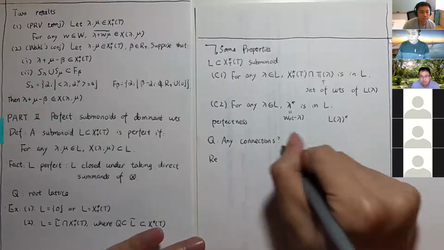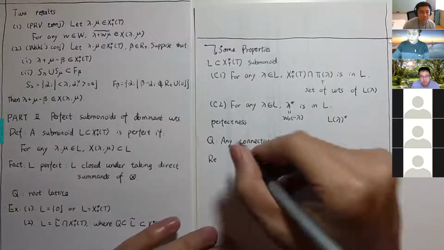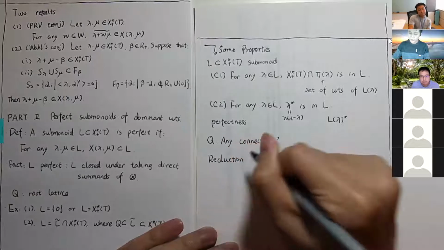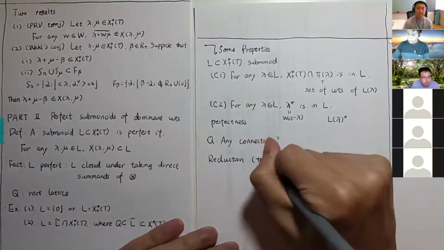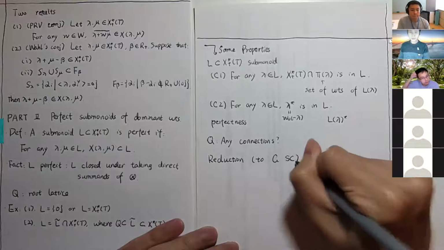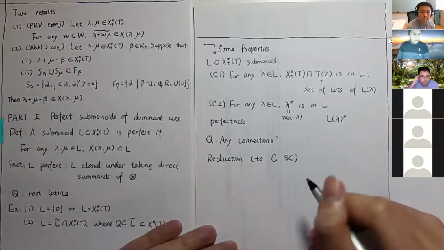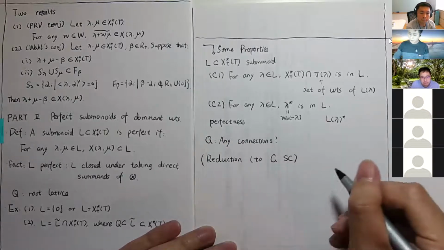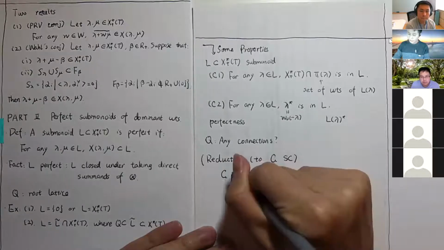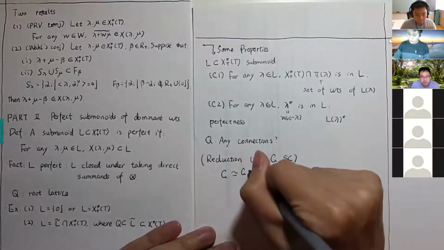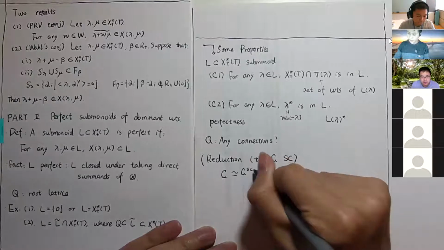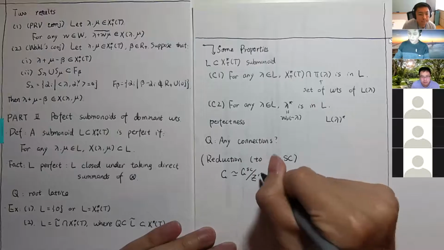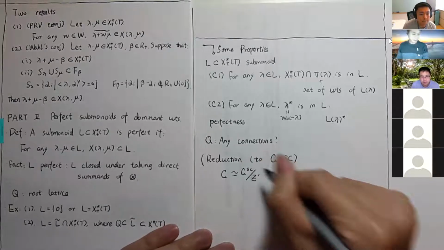So the question is, are there any connections? So we would like to first reduce our discussion to the case when G is simply connected. So to see this, actually, I don't want to waste too many words on this. If G is not simply connected, then it is isomorphic to its simply connected cover, GSC, quotient by a central subgroup Z prime of GSC.